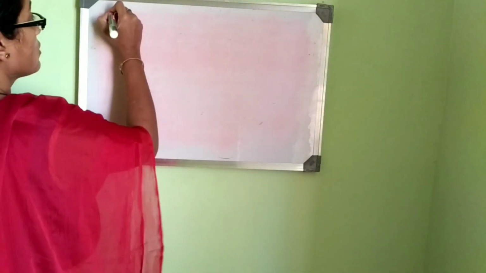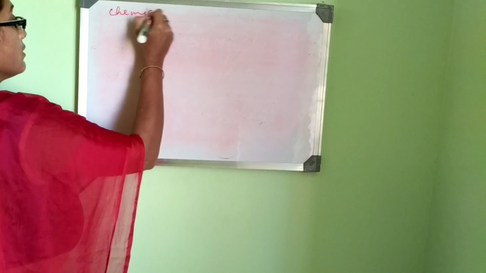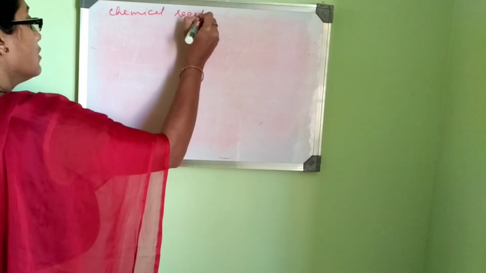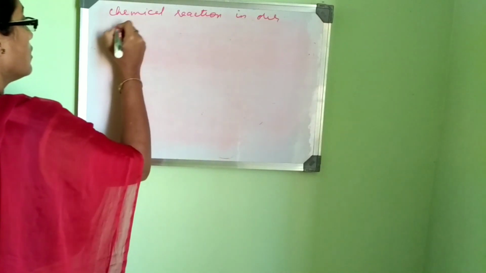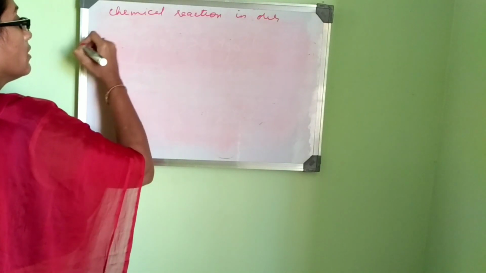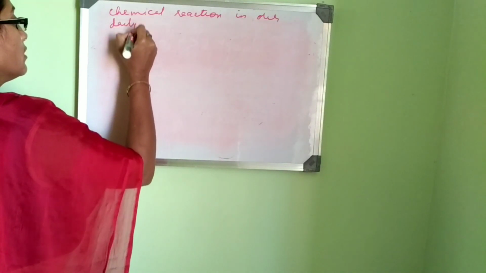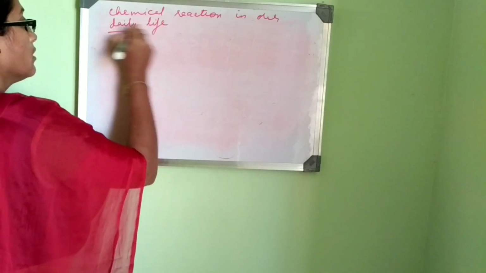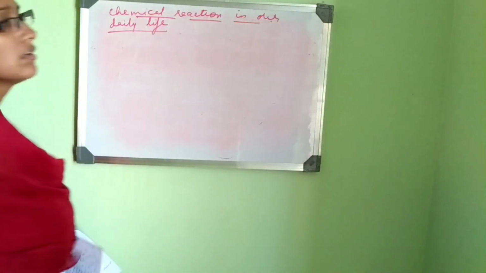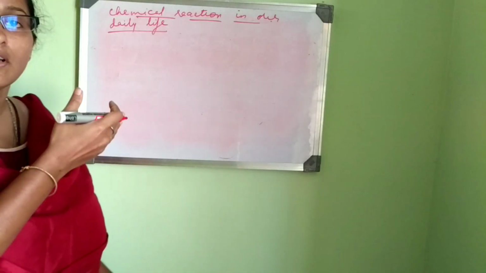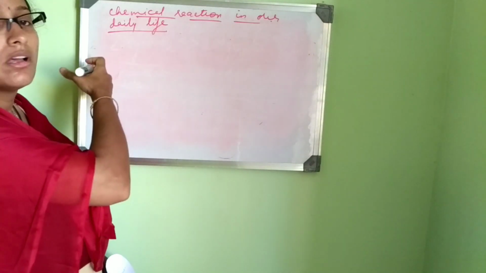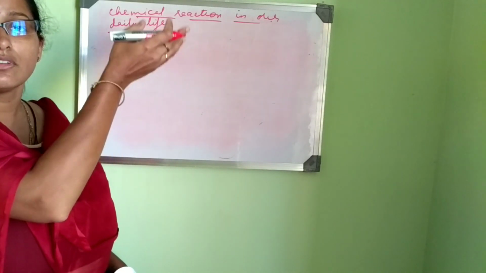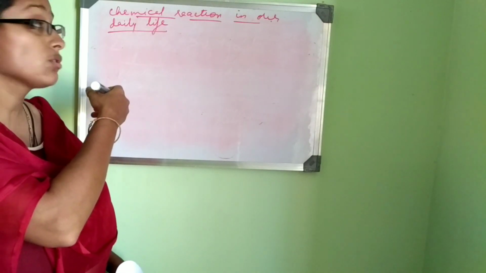Chemical reaction in our daily life. It doesn't mean that it only takes place in the lab. You might have seen that zinc plus copper sulfate gives rise to zinc sulfate plus copper.